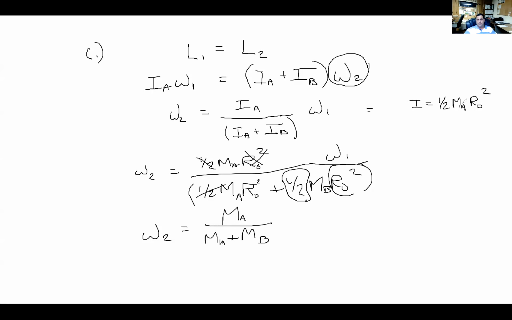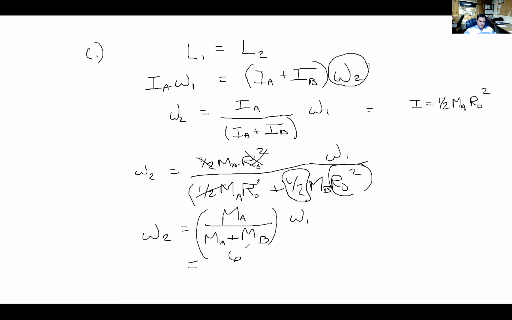Now, there's nothing wrong with it. You're given the masses and the radii. There's nothing wrong with solving for your moments of inertia for each one and plugging those in. This is just one method to reduce the amount of algebra and calculations that you're doing, but it will work either way.